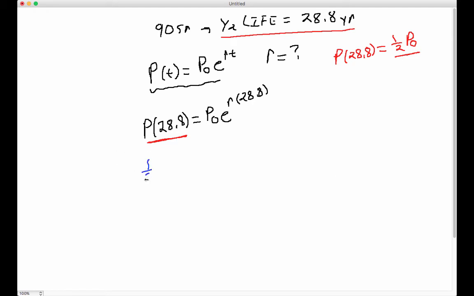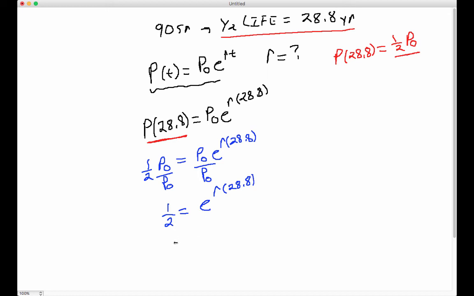In other words, let's put in 1/2 P sub 0 for that, and we know that that's going to be equal to P sub 0 e to the r times 28.8, okay? All right, so notice that what I can do is divide out, just as we did in our previous example, our initial quantity, P sub 0. And we end up with 1/2 is equal to e raised to the r times 28.8.